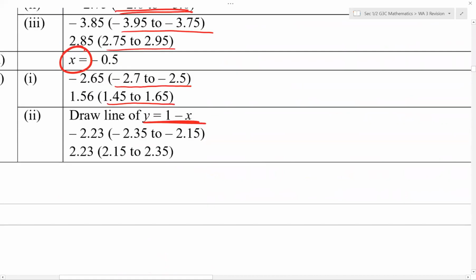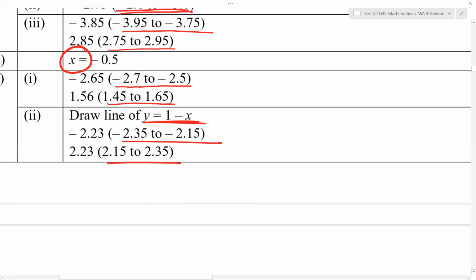So by drawing that line, we again find the 2 points of intersection for the x values. As shown. These are the acceptable ranges again. Negative 2.35 to negative 2.15, as well as 2.15 to 2.35. Okay, I'll show you the working again for our simultaneous equation.